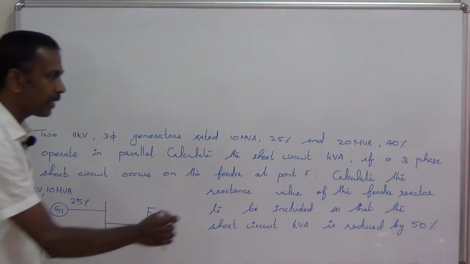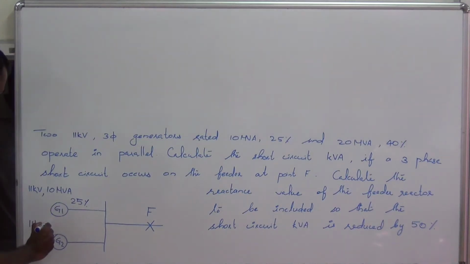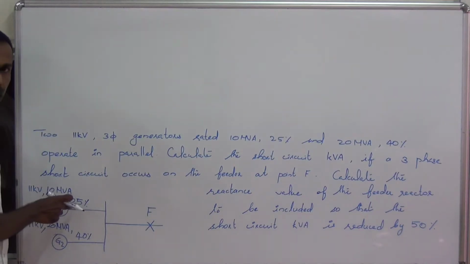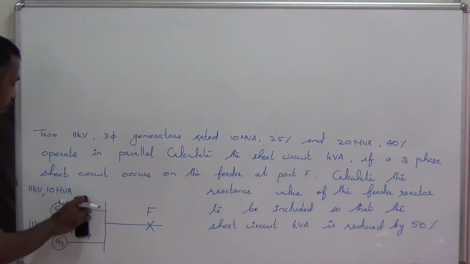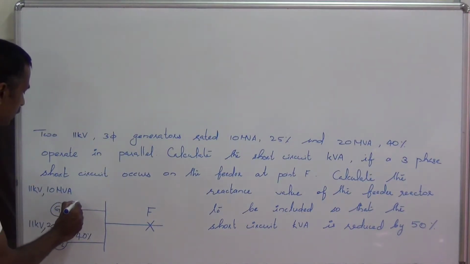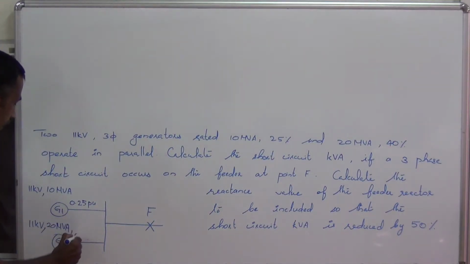Its MVA rating is 20 MVA. Its reactance is 40%. This 25% reactance is the same as 0.25 per unit. Let me write this as 0.25 per unit. This 40% reactance is the same as 0.4 per unit.